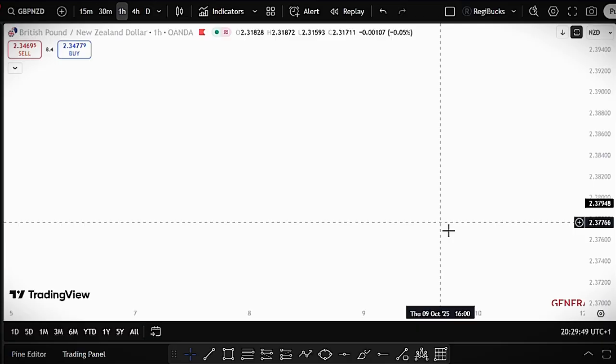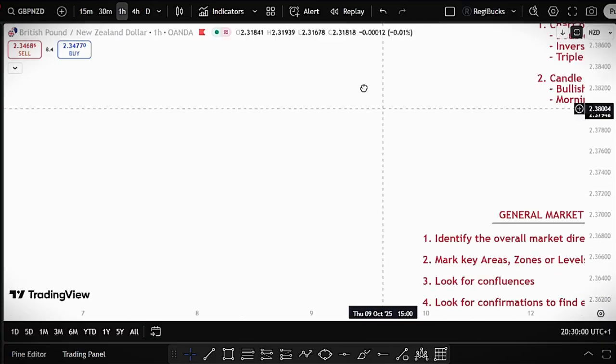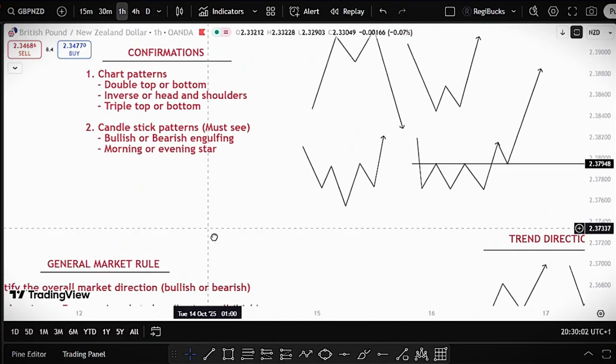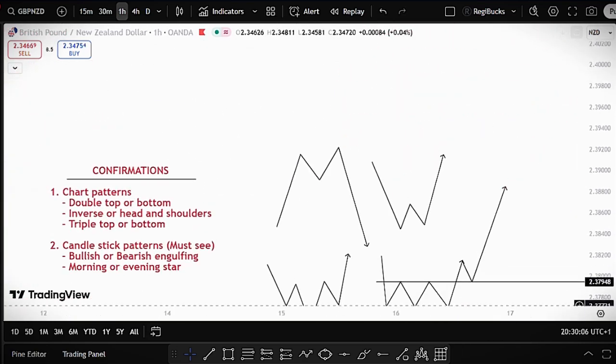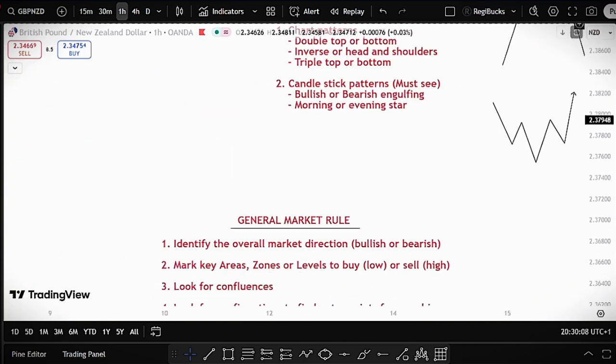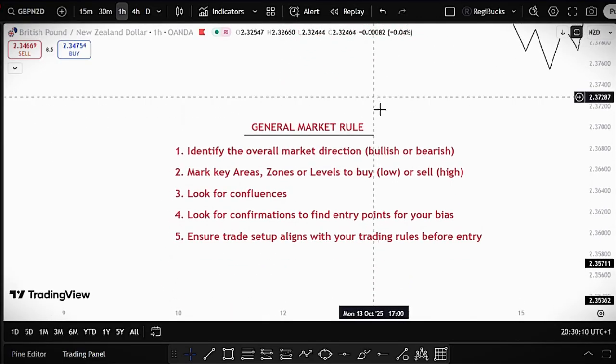I do my analysis first, and then if I see those things happening on the chart, I just add them as extra confluences. Anything more than these things I just explained is just an extra confluence. That's basically what it is.